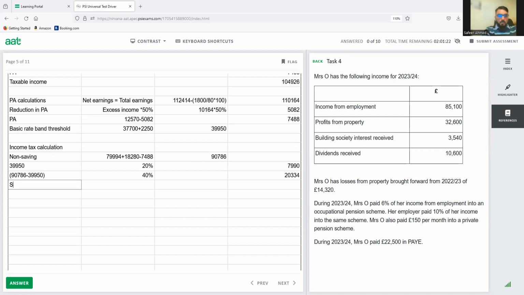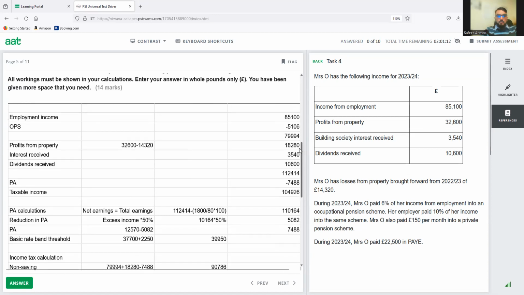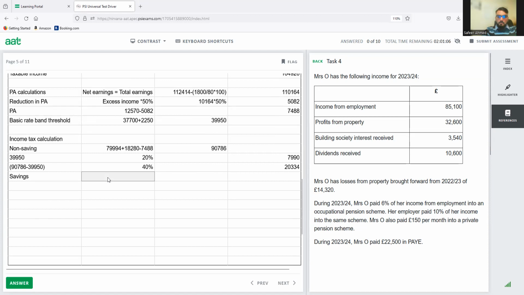Now we will be calculating on savings taxable income. So the savings taxable income is the same as whatever the savings income was, which is 3540. Now, there's something called personal saving allowance.